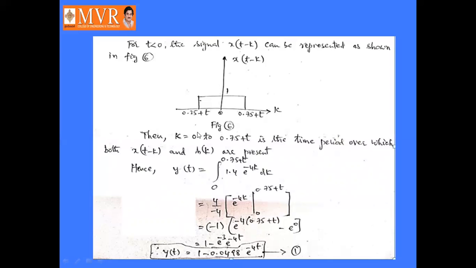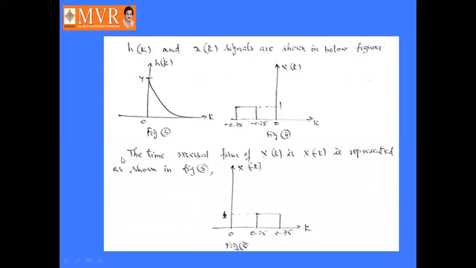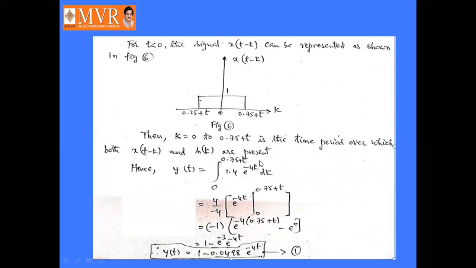Then k is from 0 to 0.75 plus t, which is the time period over which both x of t minus k and h of k are present. h of k is present from 0 to infinity, and x of t minus k is also present from 0 to 0.75 plus t.